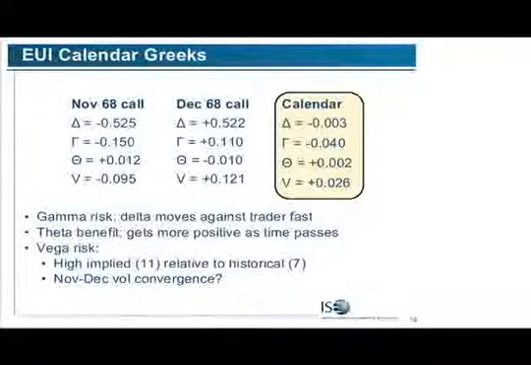So if I can sell the November option at a higher price than I can buy the December option, I might be able to make money on a convergence of volatility. That is to say that either the November volatility falls to meet the December volatility, or the December volatility rises to meet the November volatility.